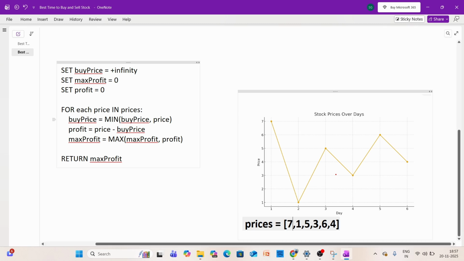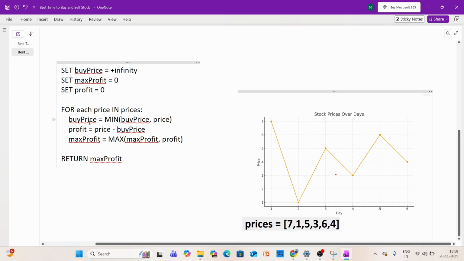So our buy price will be the minimum of the buy price we have defined and the actual price when we are traversing through the array. And then we will calculate the profit. We know how to calculate the profit: it will be the sell price on the current day minus the buy price.